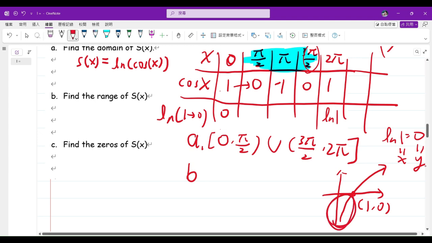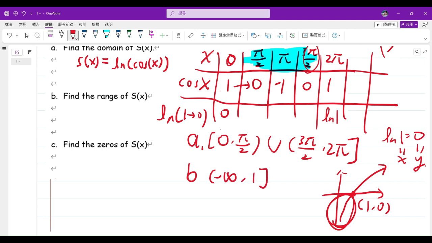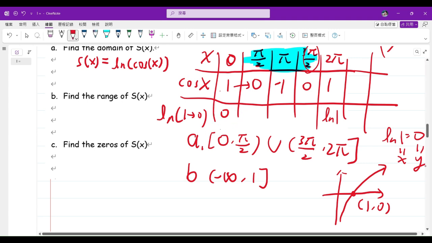So this part will be the range of the result. Okay, this one is difficult. You have to think about the graph, think about your input.